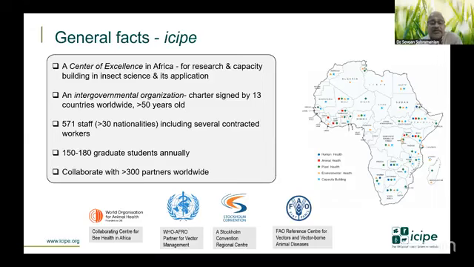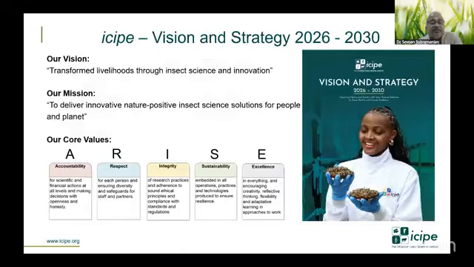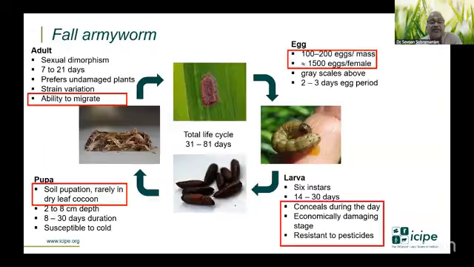We recently had our new vision and strategy brought up, and our vision is to transform livelihoods through insect science and innovations. Our mission is to deliver innovative, nature-positive insect science solutions for people and planet. I would appreciate it if you have time to look at the vision to understand where icipe is looking forward to in the space of insect science.